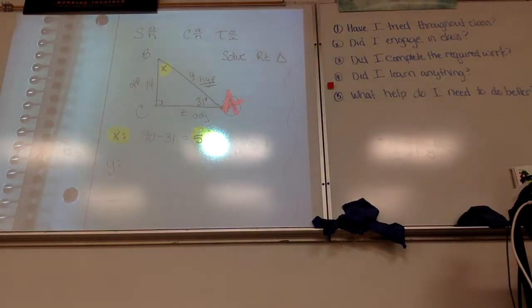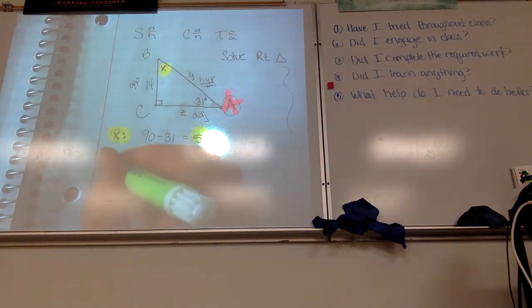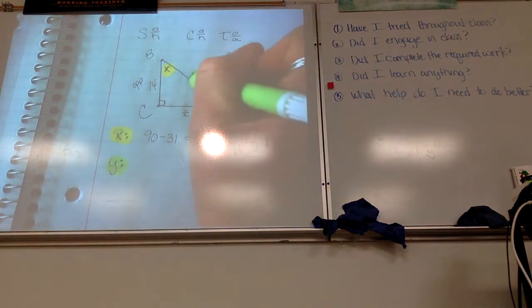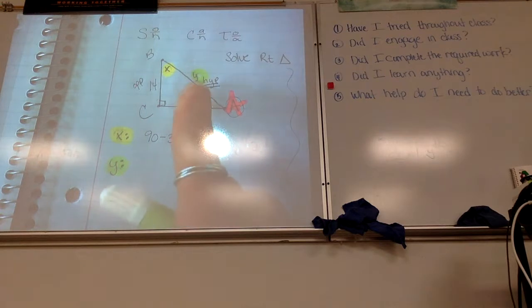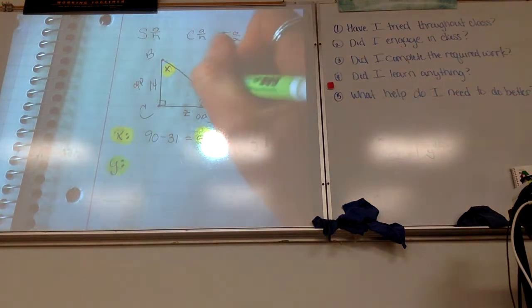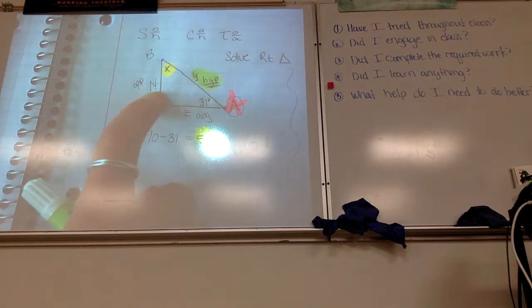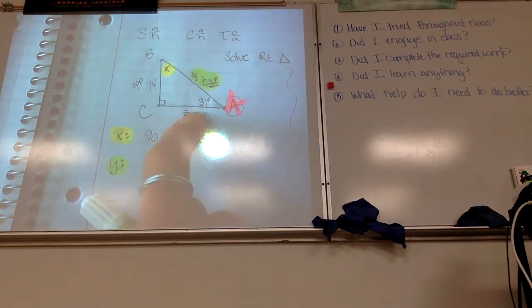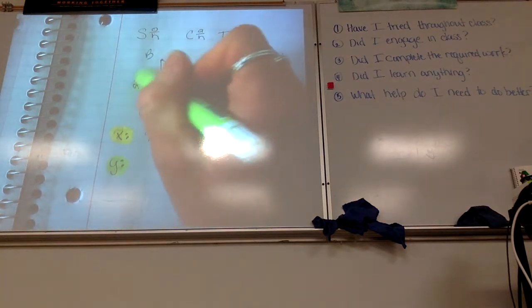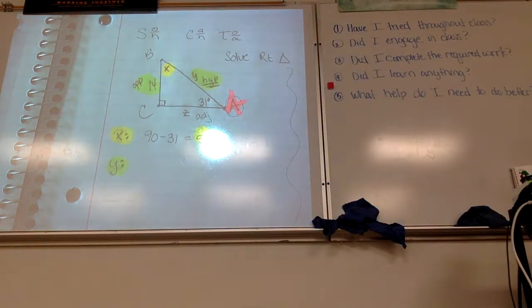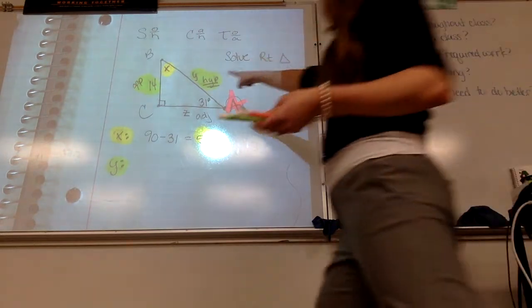Okay, so for Y, I'll make Y in green. I'm going to use the hypotenuse side already. I've already decided that. What other side should I use? The 14, the opposite, or the adjacent with the Z? Good. You have to use the opposite, the 14. I already have one unknown. I already have one variable.